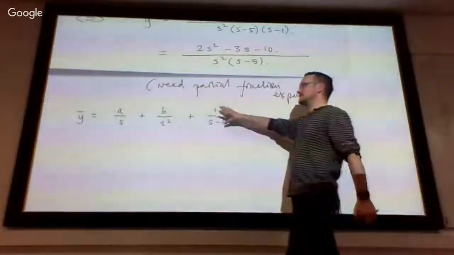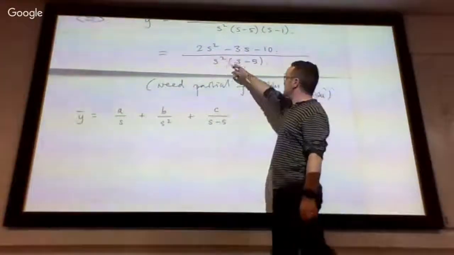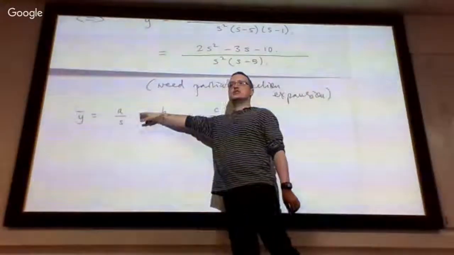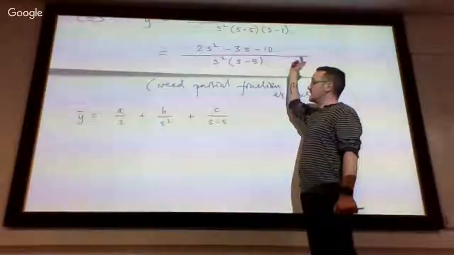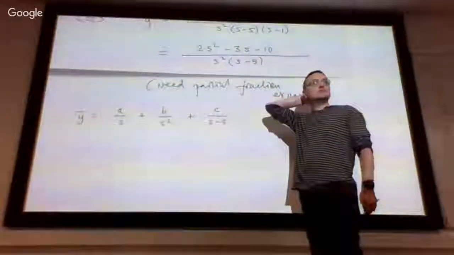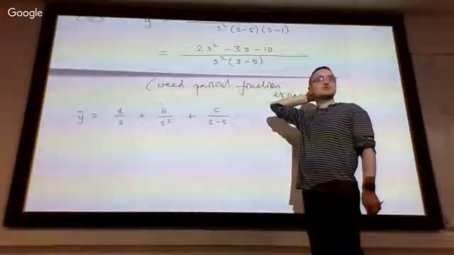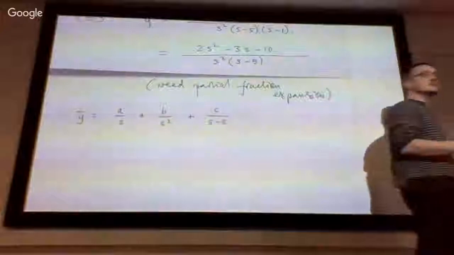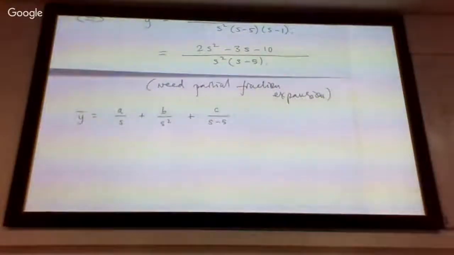You collapse that together again. It's something over s squared times s minus 5. Look at what happens to the A, B, and C. They'll give you a quadratic with combinations of A, B, and C in the coefficients. Get it into standard form. Compare it with this one. You get a system of equations for the A, B, and C. Should I go through it?